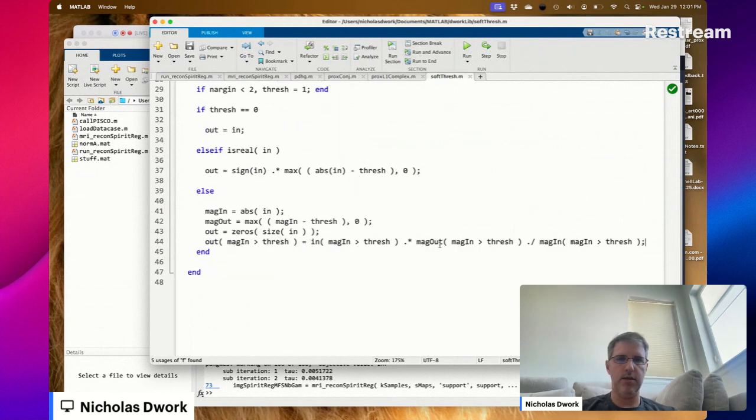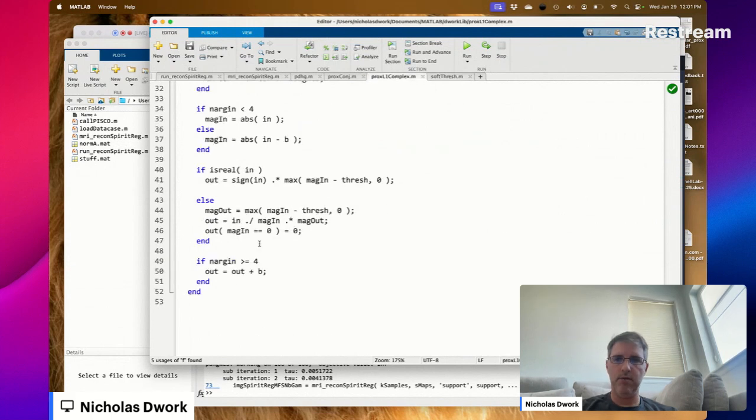Okay, so we either have to put mag in greater than thresh everywhere, or we have to do this.